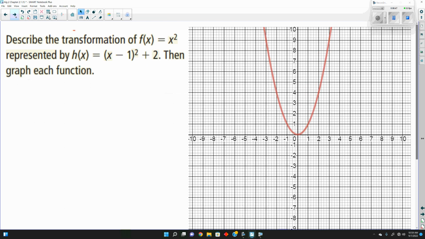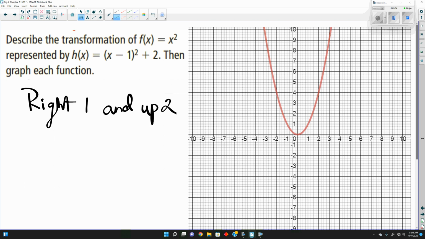All right. So let's look at the next one here. So, guys, focus up. So the number inside the parentheses, so we have minus 1. It tells us it's either moving left or right, but we're moving to the right because it's the opposite of what we think. How far? 1.